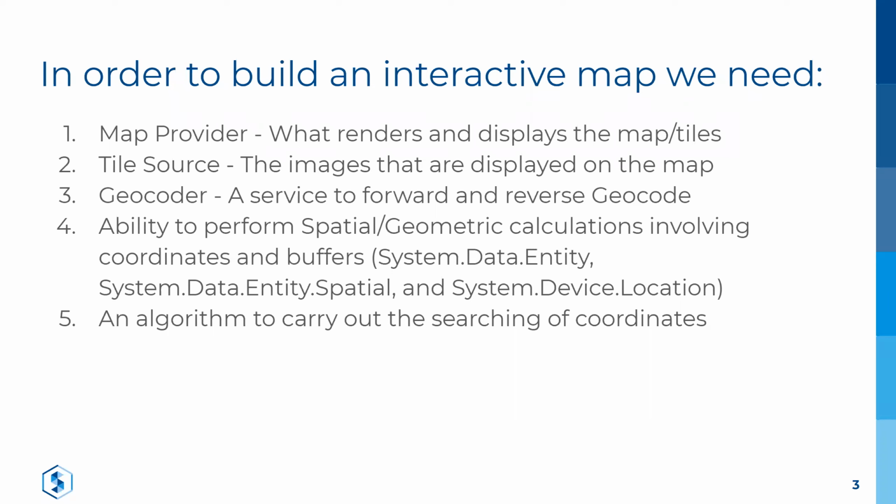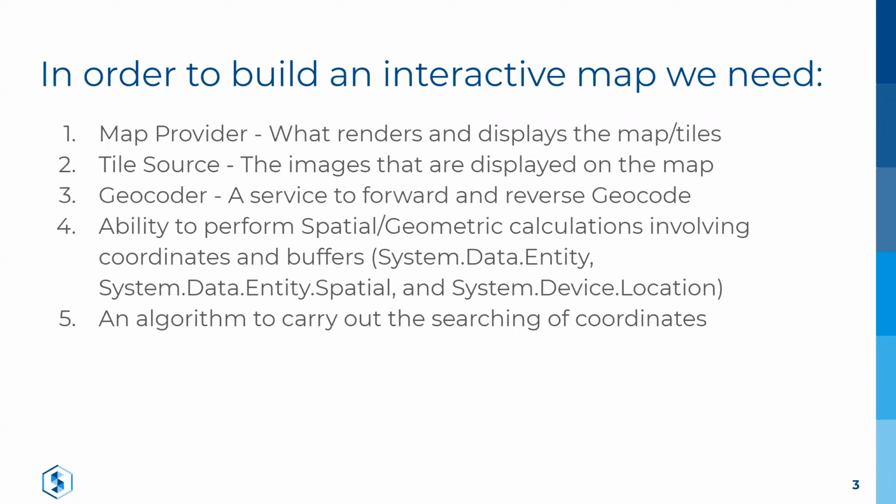You also need a geocoder of some sort. When they enter in an address, you'll need to be able to get the latitude and longitude of that address. And it's nice to have the reverse capability to also say, for this coordinate, what's the address there? For that, you'll need a geocoder.